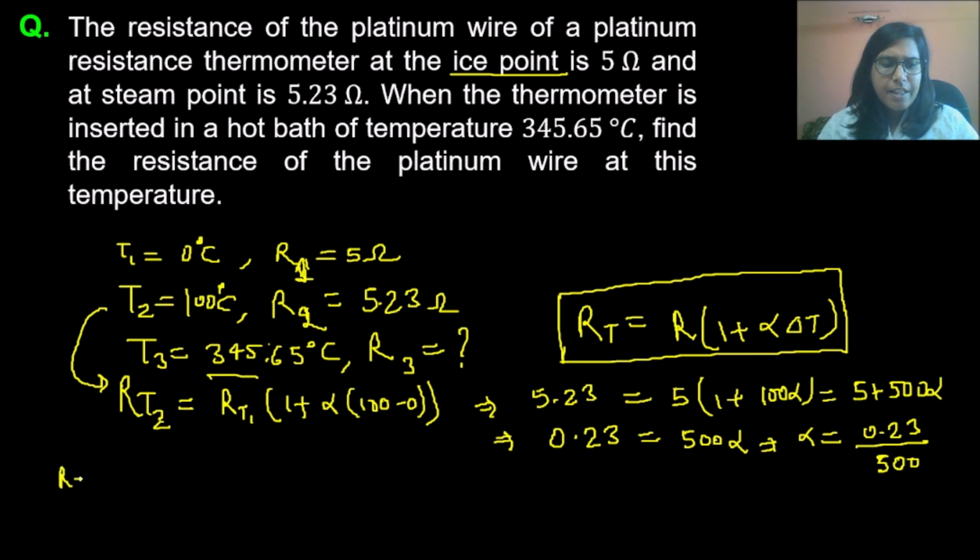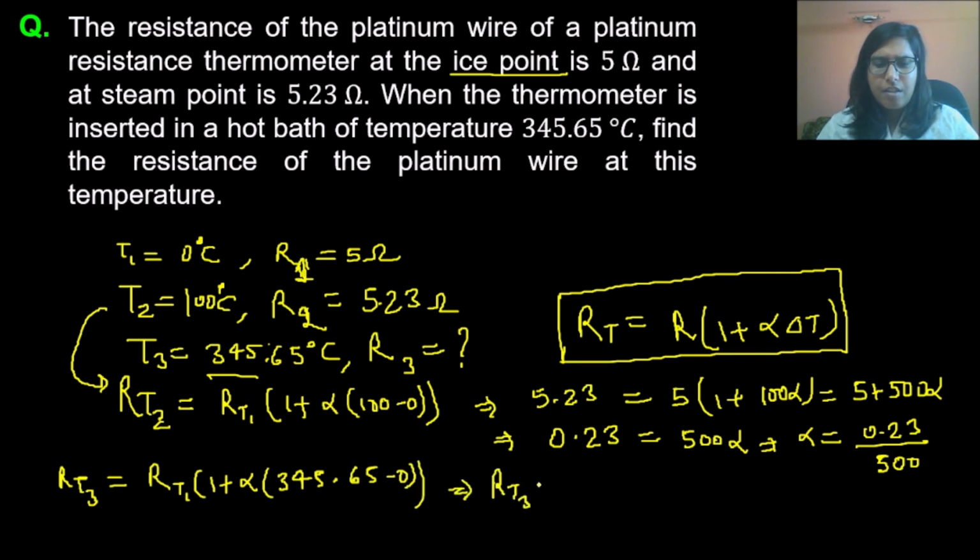Now we have to calculate R at this temperature. So R at T3 will be R at T1 into 1 plus alpha into 345.65 minus 0. R at T1 is 5 ohm, and alpha value is 0.23 upon 500, into 345.65.